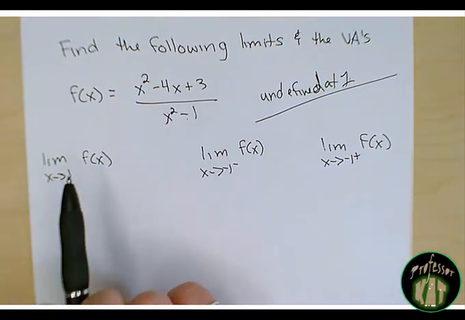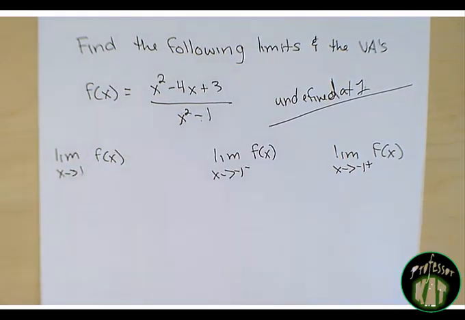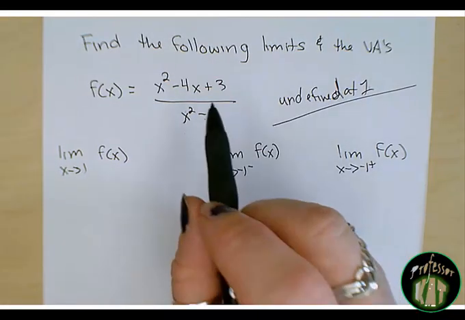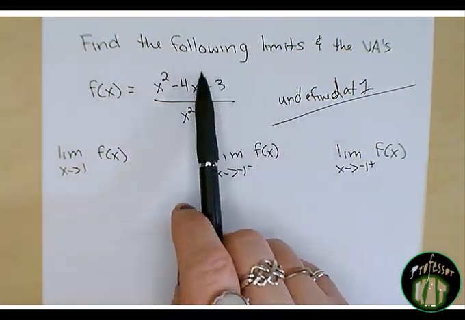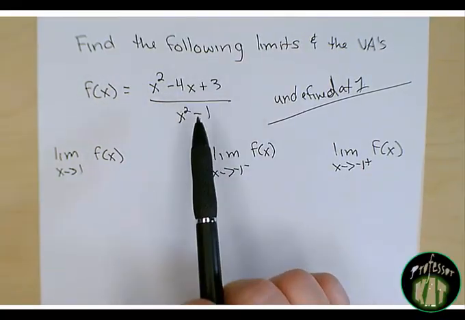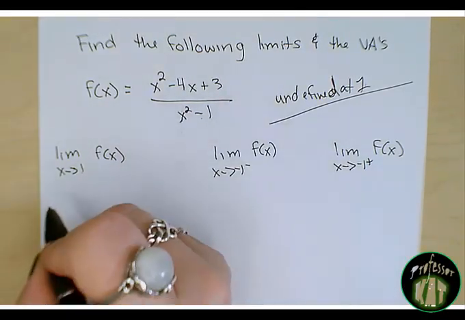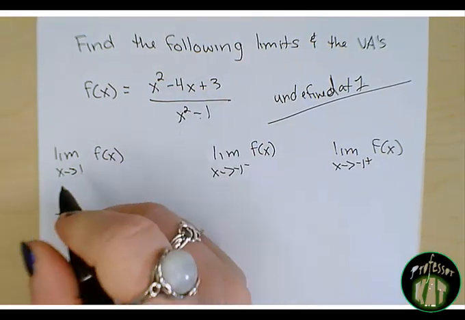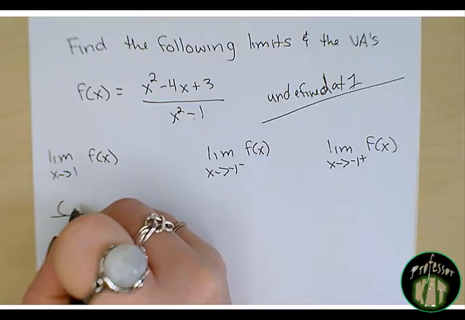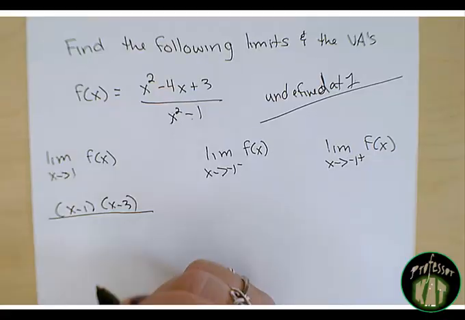Since plugging in 1 didn't work, we want to see if we can simplify and break it down. We have polynomials in our numerator and our denominator, so it is a rational function, which means factoring will typically work. Our numerator factors to x minus 1 times x minus 3.